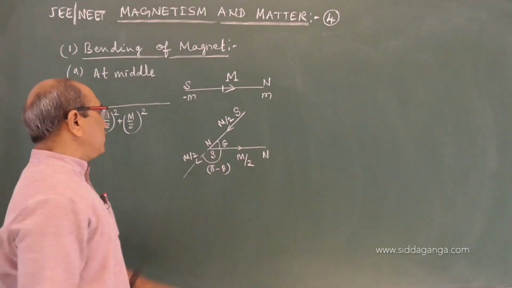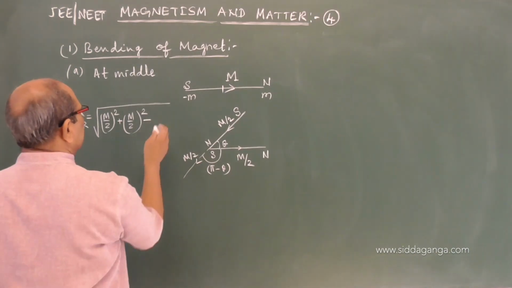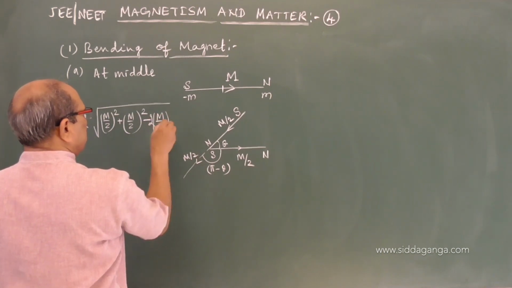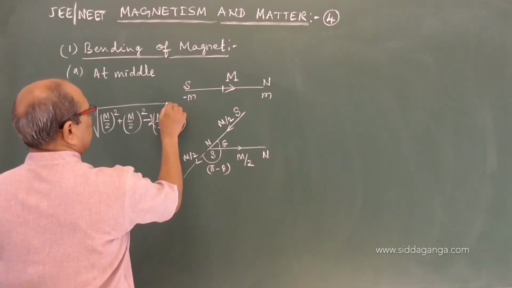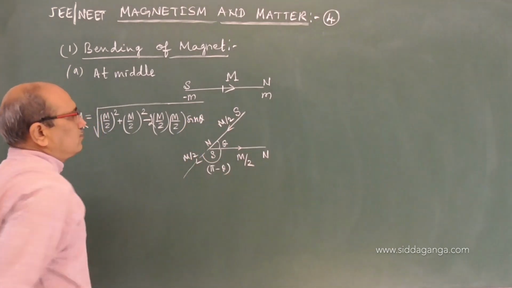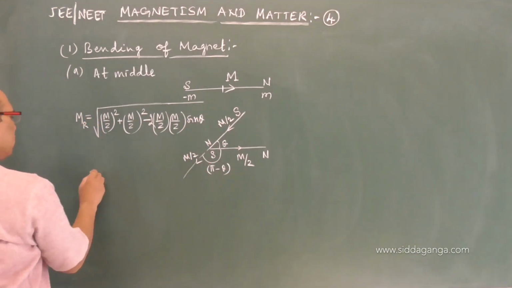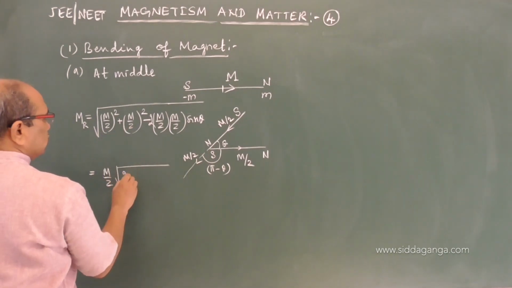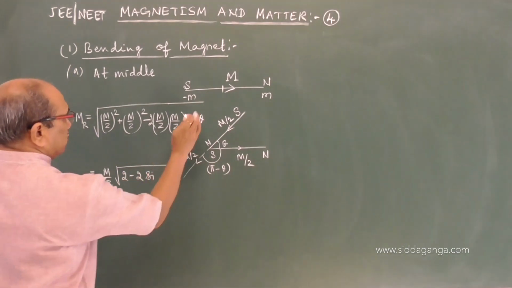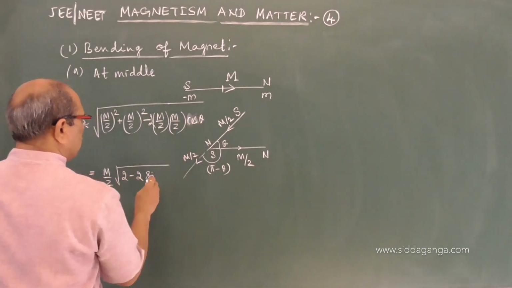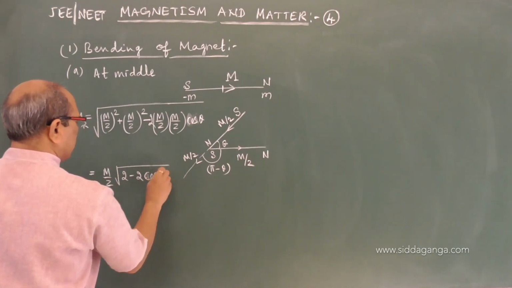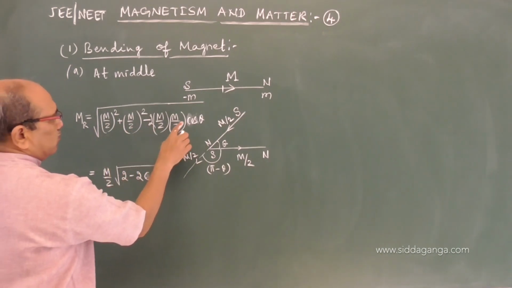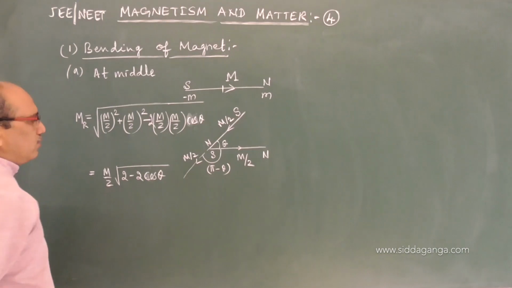But for unlike poles together, I am using the relation minus 2 into M by 2 into M by 2 into cos theta. It is M1 square plus M2 square minus 2 M1 M2 cos theta if unlike poles together are taken.